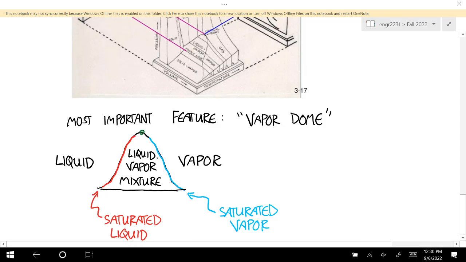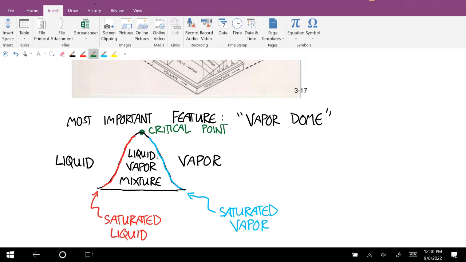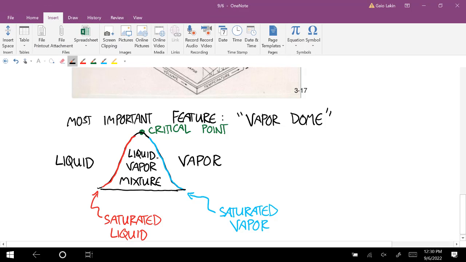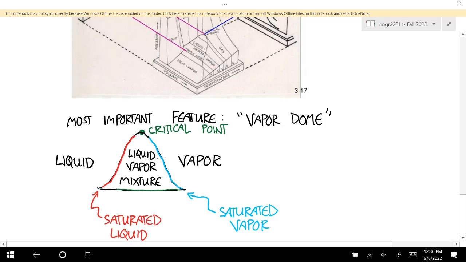And this point right here is called the critical point. That's not going to be a super big deal to us, but I will define that. And this line is called the triple line. Okay, so let me give you definitions of some of these features.